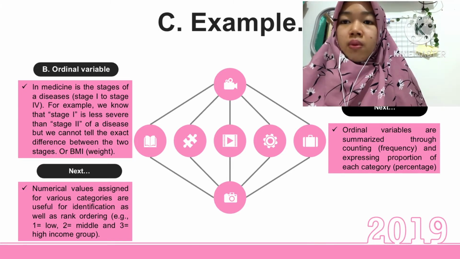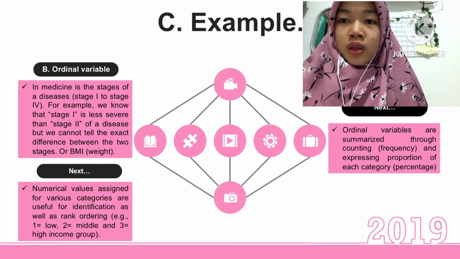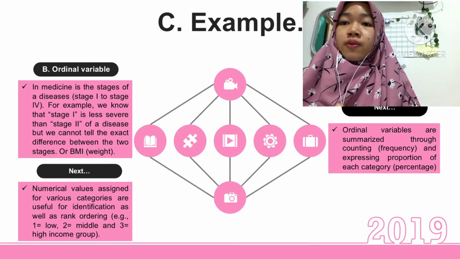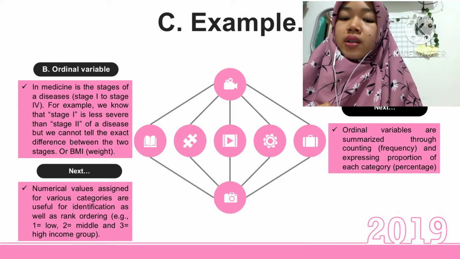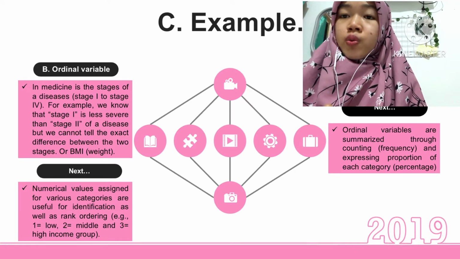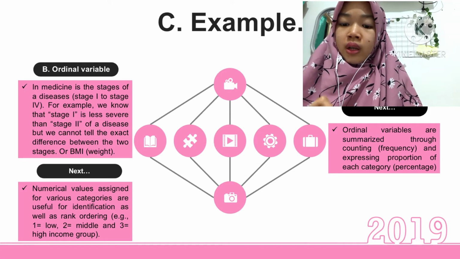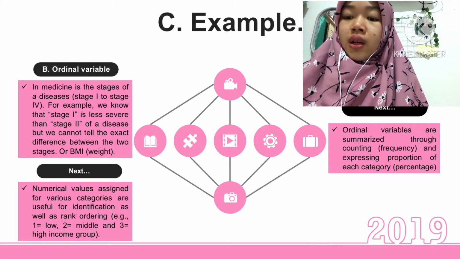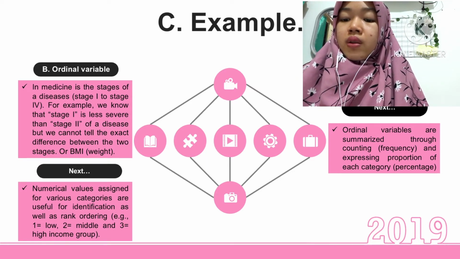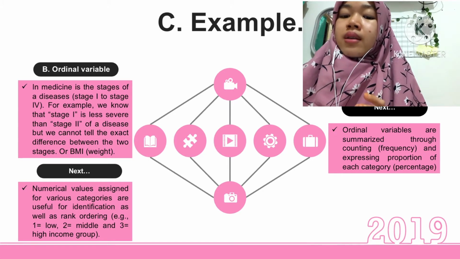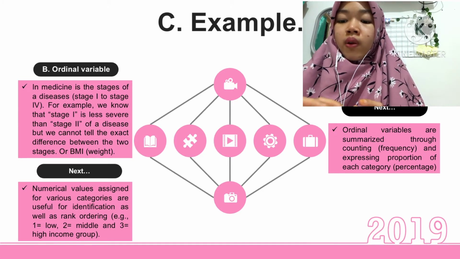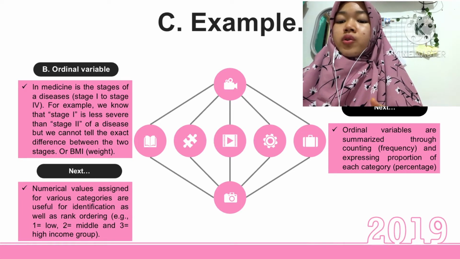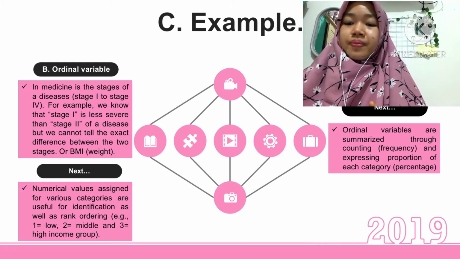The other example is BMI, which we use when we calculate weight, with numerical values assigned to various categories, useful for identification as well as rank ordering. For example, 1 is low, 2 is middle, and 3 is high income group. These ordinal variables are summarized the same as nominal variables, through counting or frequency and expressing the proportion of each category or percentage.